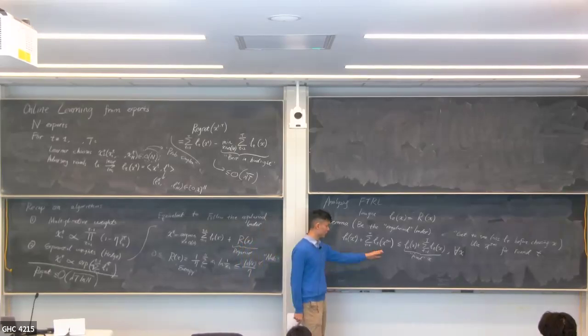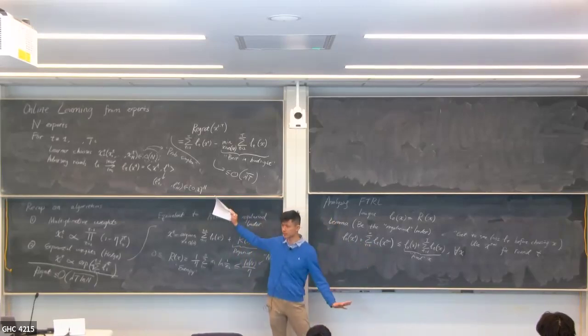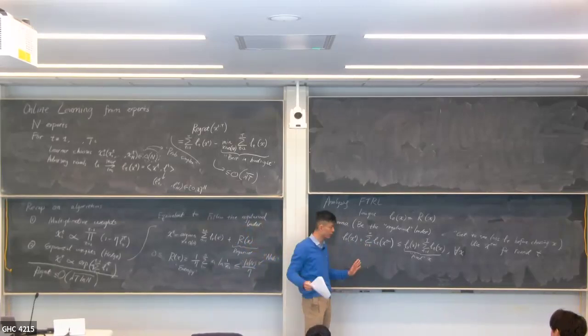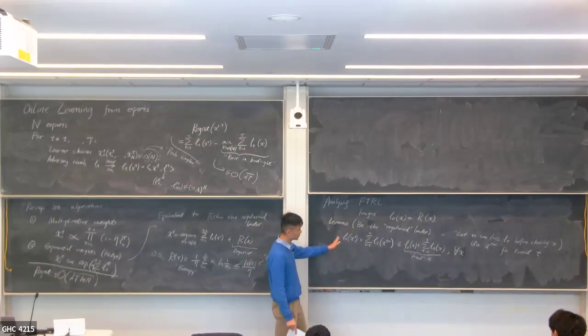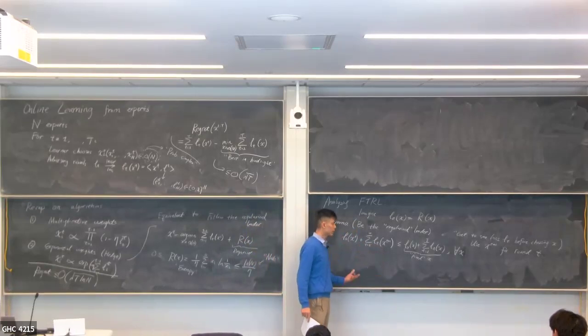This actually holds for any loss function. I know we started by assuming everything is linear, probability times loss vector, but this is a general fact. So this is kind of cool.